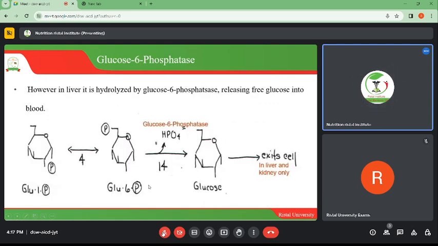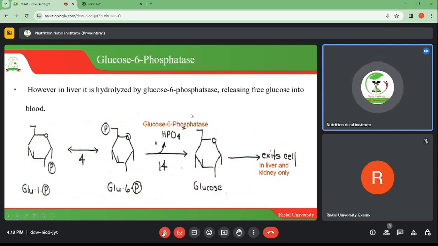And now this reaction you're seeing right here on this diagram is the one that only occurs in the liver and in the kidney, because the liver and the kidney have this enzyme glucose 6 phosphatase, which is capable of releasing a free glucose into our bloodstream. So when your blood glucose gets so low, it is only the liver and the kidney glycogen stores that are released into your bloodstream to help raise your blood glucose levels.